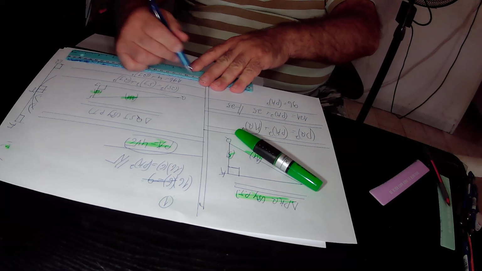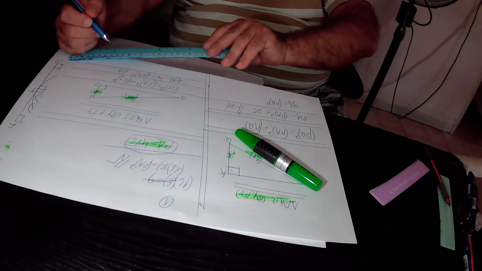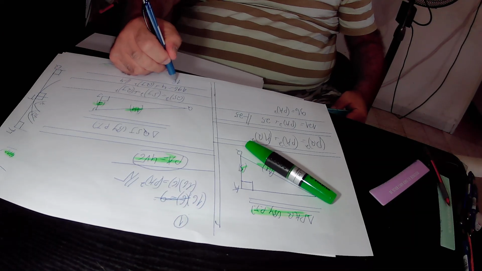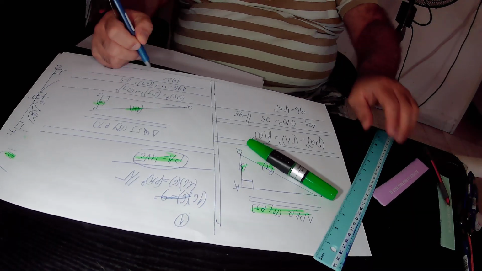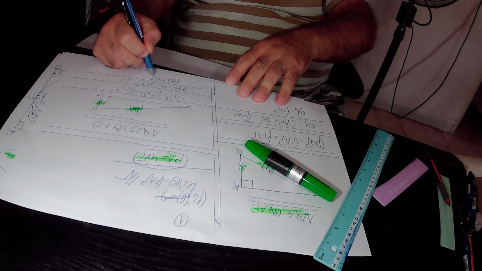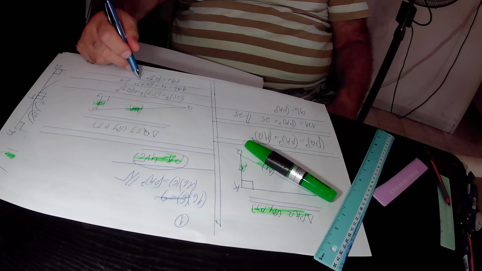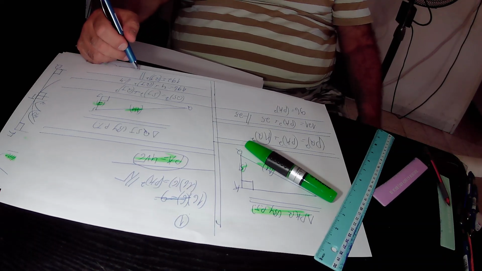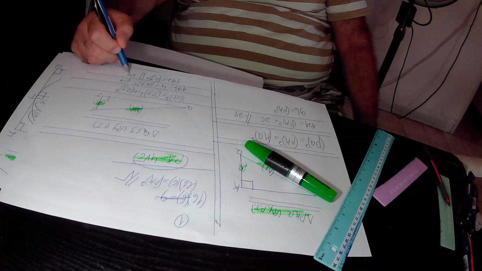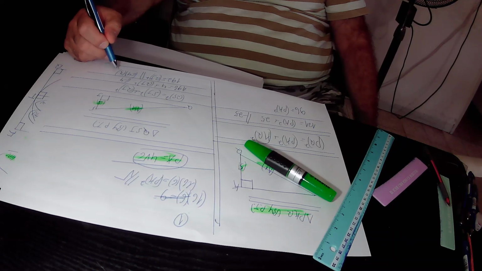Here we will subtract 4 from this equation, and we get that 196 minus 4 is 192 equals QJ squared. Here we will substitute 192 by 64 times 3, and we get that 64 times 3 equals QJ squared.